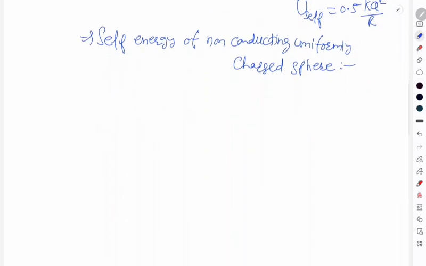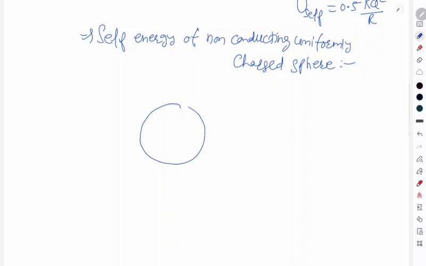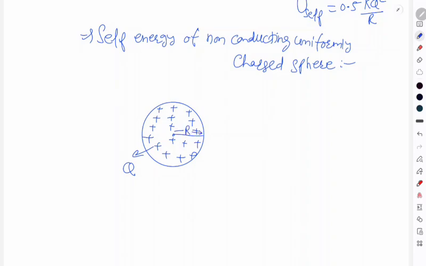If we are giving charge to a non-conducting sphere, then as we know, that charge will remain in the volume of that sphere. Let this charge be capital Q and radius capital R. Now we are going to find the work done to shift this entire charge from infinity to the volume of this sphere.